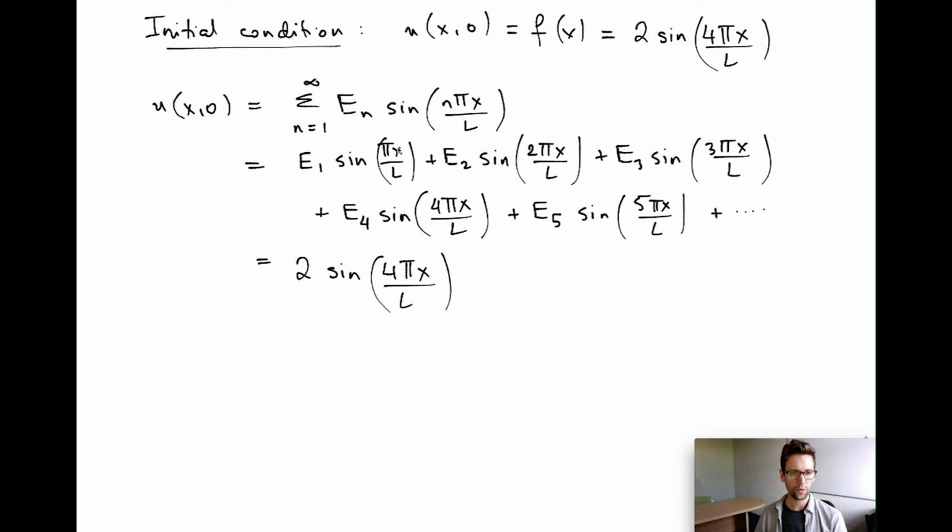And you see that there's no sine(pi x / L), no sine(2 pi x / L), 3 pi x / L, or 5 pi x / L appearing on my right hand side. That means that all of these terms must be equal to 0, every single one of them. The only one that's not equal to 0 can be the sine(4 pi x / L), because that's the only term that has a corresponding term on my right hand side.